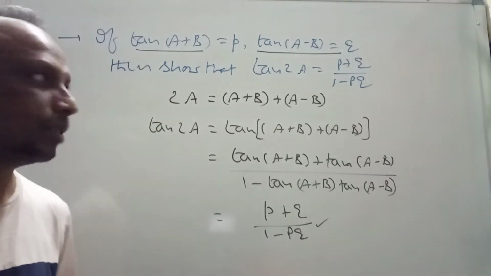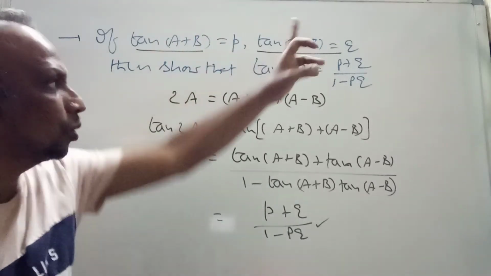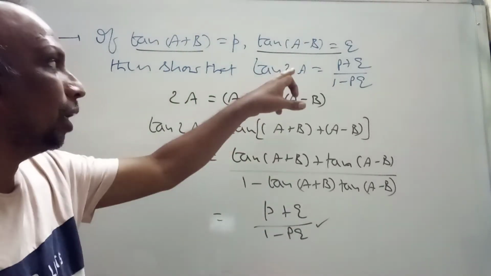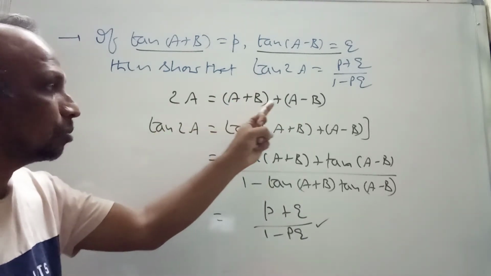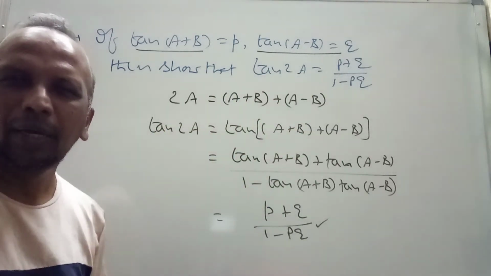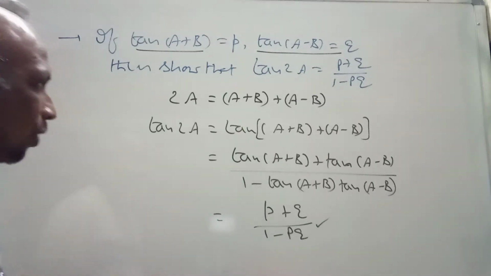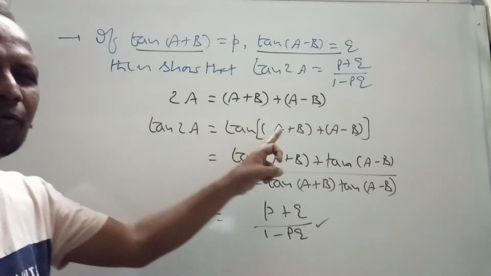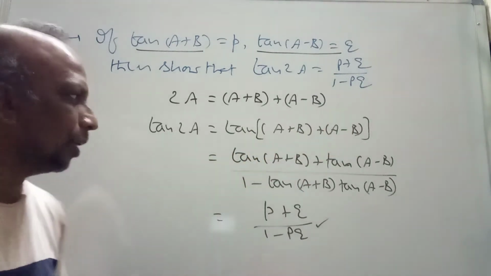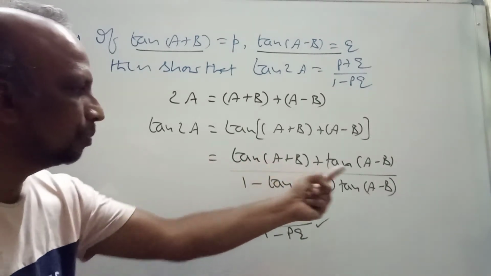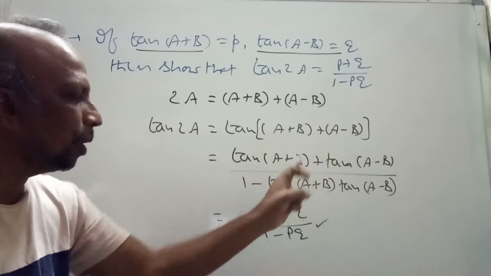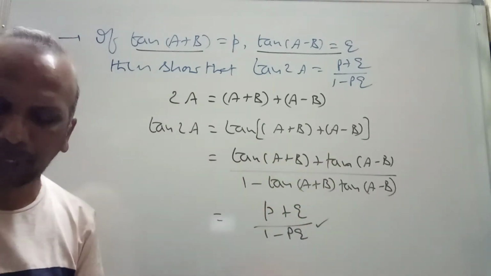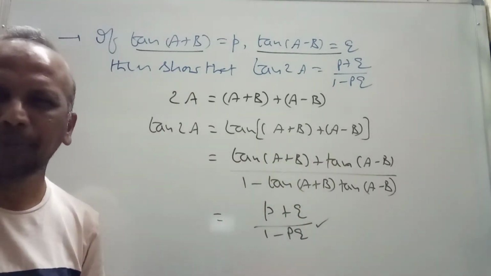Like this we can write this. They have given these individual values. They are asking 2a, I don't want b here. So 2a can be written as a plus b plus a minus b. After that, tan 2a is tan of a plus b plus a minus b. Then you expand this and replace tan of a plus b with p, and tan of a minus b with q, and you get p plus q by 1 minus pq. So this is one of the problems.